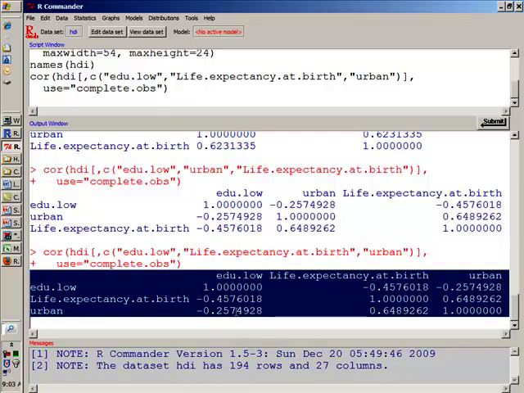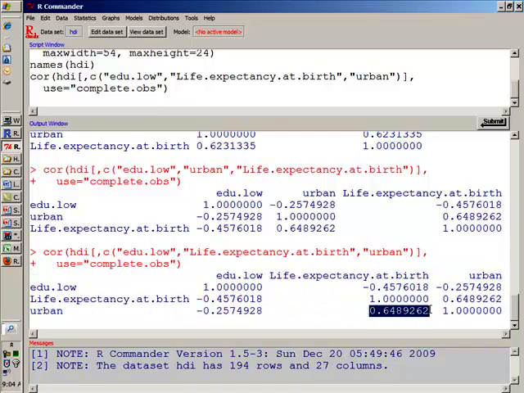That suggests that as urbanization increases in one country, in a place, the lower education would decline. That is, more and more would be literate. So urbanization and higher literacy go hand in hand. And the correlation between urbanization and life expectancy at birth is also reported here, 0.64.